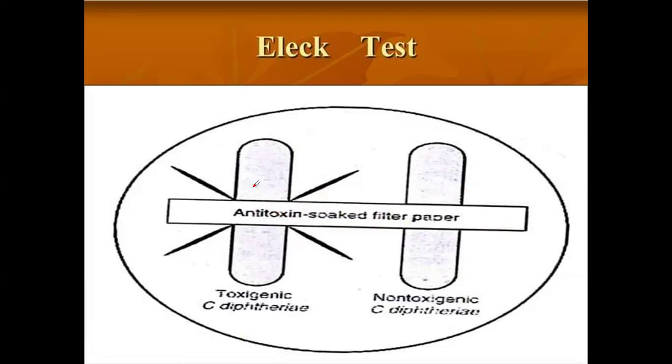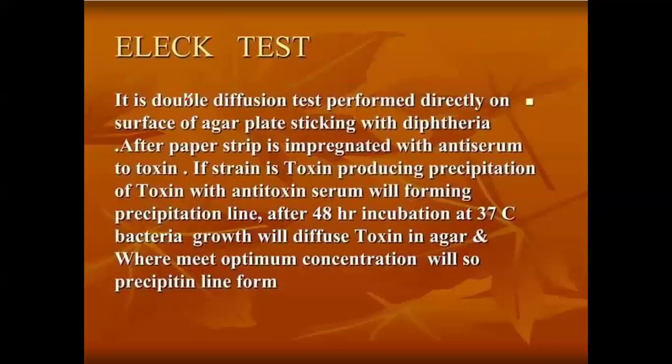So here are the antitoxins. Normally, if the bacteria is toxigenic C. diphtheriae, you're going to see this line grow, because this is the antitoxin-soaked paper. If toxins are produced, it's going to grow like this. But if it is non-toxigenic, it is not going to grow like that. So this is how it's done.